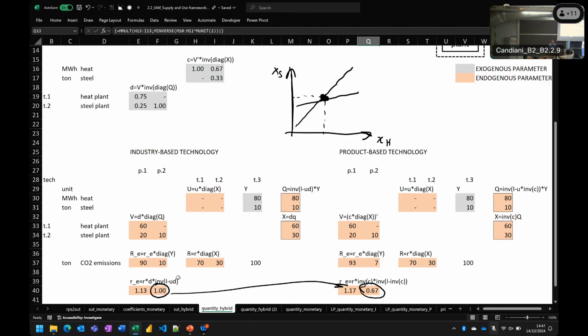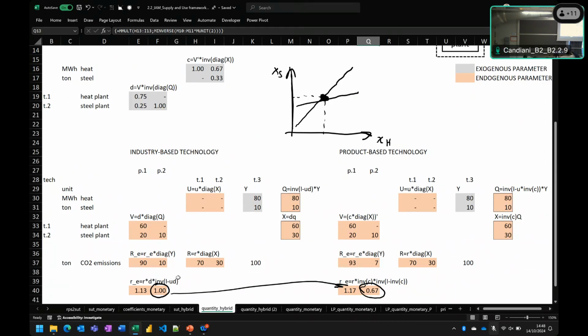Can we say that if we have this plant situation with a higher value in the industry-based technology, then in the opposite way the other technology, in this case the steel plant or heat plant, has to have a lower value than the other?